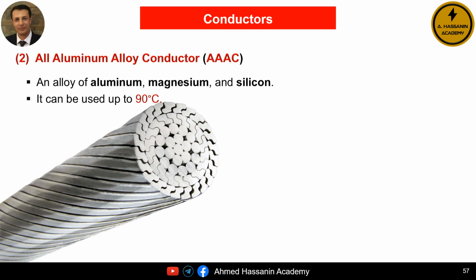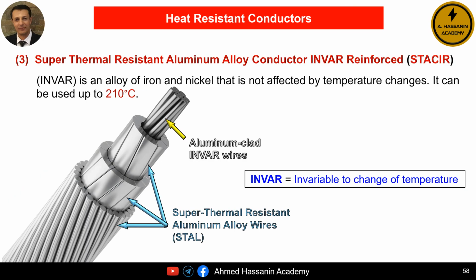Of course, this means lower electrical losses. Another very important point to note is that all aluminum alloy conductor, AAAC, can withstand temperatures up to 90 degrees Celsius. The third type of conductor used in overhead transmission lines is the heat-resistant conductors.